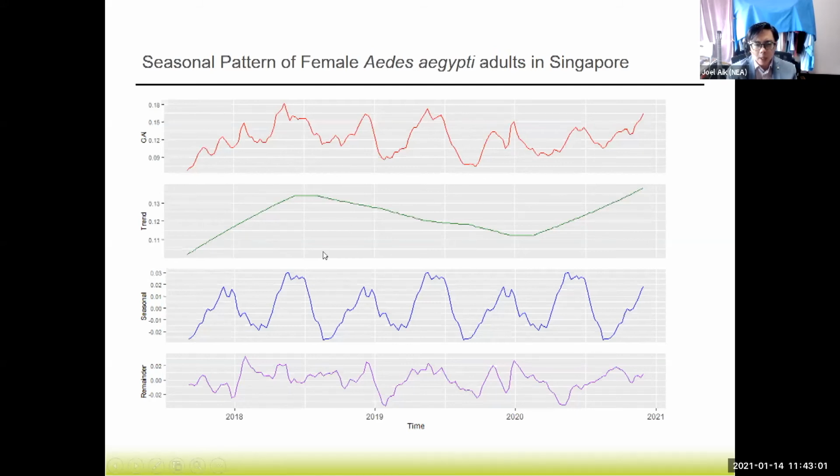And those of you who are slightly more discerning may have also noticed that there seems to be a sinusoidal pattern even in the long-term trend, possibly suggesting that the trend of female Aedes aegypti mosquitoes also has a multi-year pattern to it. But we've only started this program since the end of 2017, and we haven't had enough data in order to establish that.